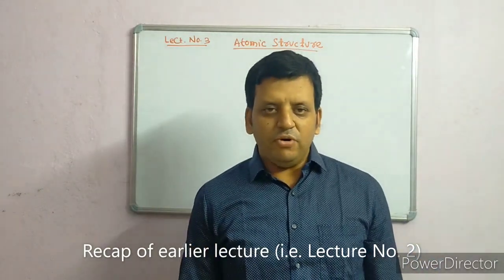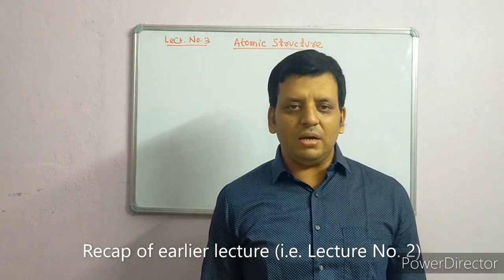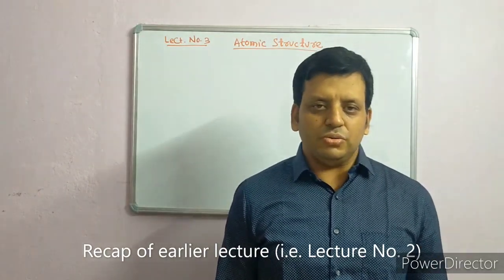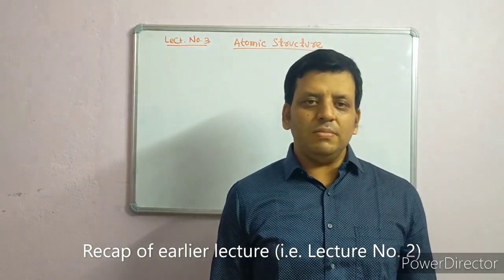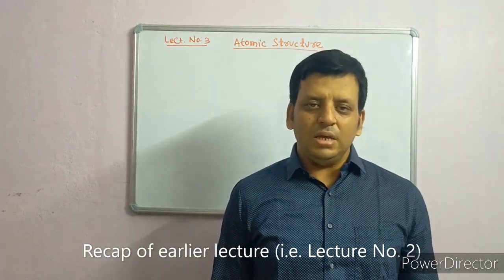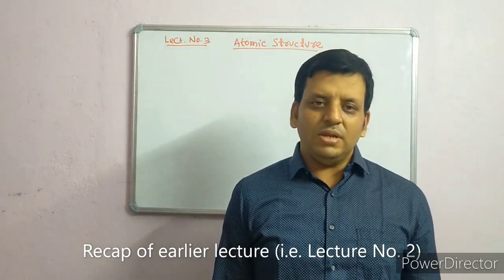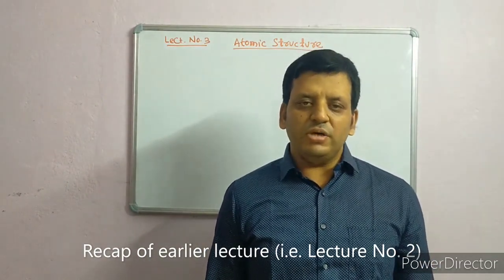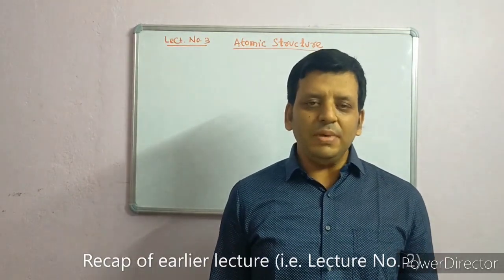Friends, before coming to the atomic structure, let's recap the topics that we had covered in our lecture number 2. In lecture number 2, first we came across the term electronics. We defined it in two ways. The first definition was: electronics is that branch of science which deals with flow of current in vacuum, gas or in semiconductor.